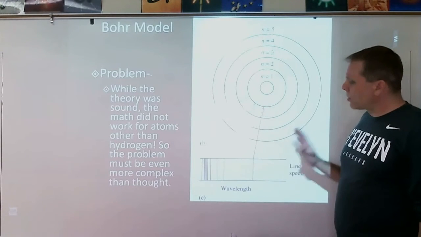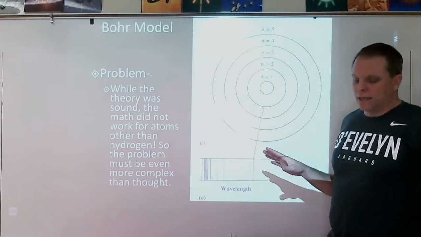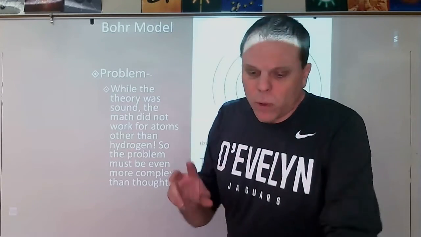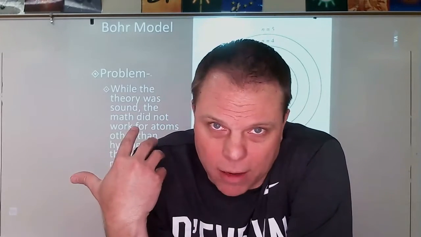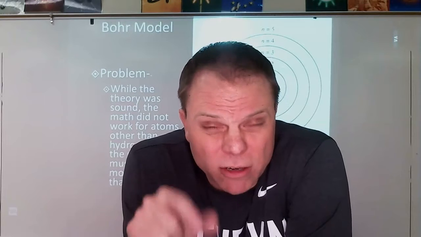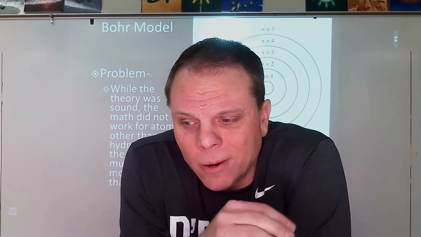Now, his model was great for hydrogen and it explained it. But mathematically, when he tried to apply the same formulas, and again, there's some complicated math behind all this, when he tried to apply the same formulas to other elements, it didn't work. So there was something even more complex going on.